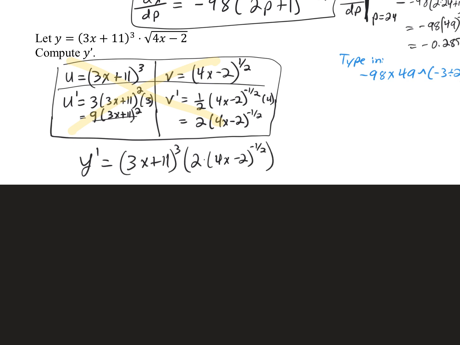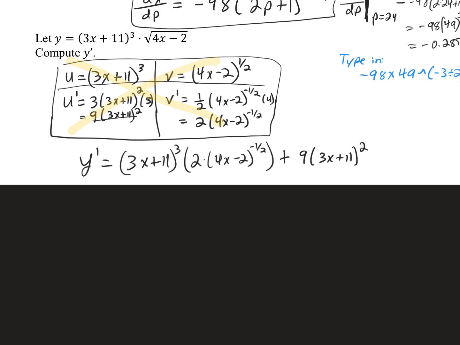Okay, if all of these parentheses are obnoxious to you, you can always migrate that 2 to just be out in front, and then you don't have to have this set of parentheses here. But it's fine like this. And then we add on, I'm going to multiply along the other diagonal. This time I'm going to start in the lower left. So 9 times (3x + 11) squared.